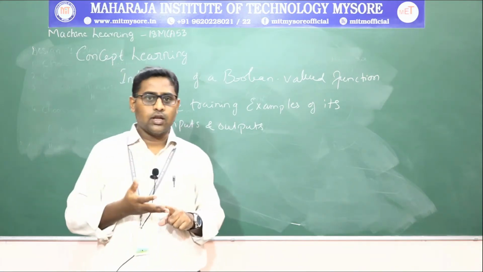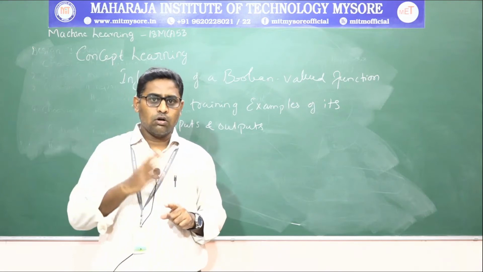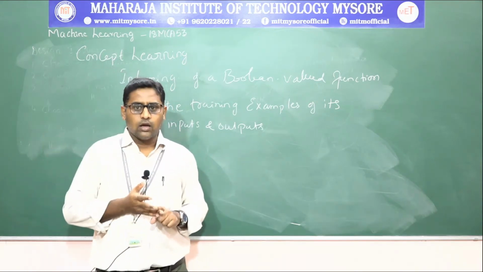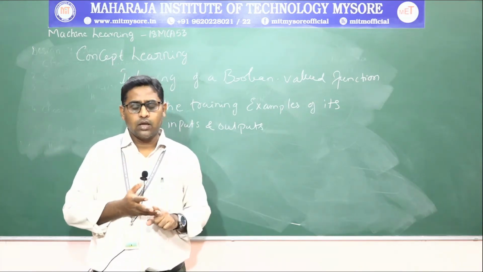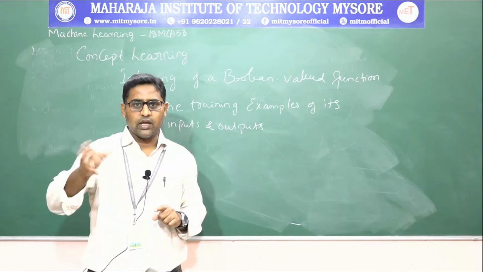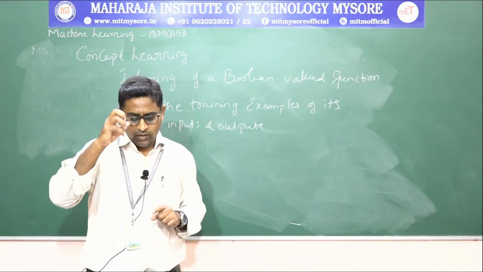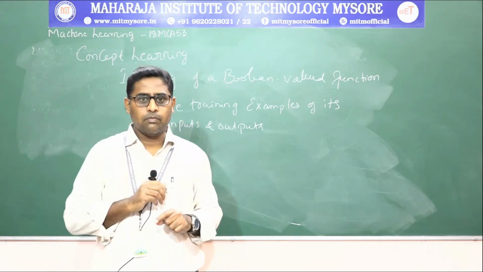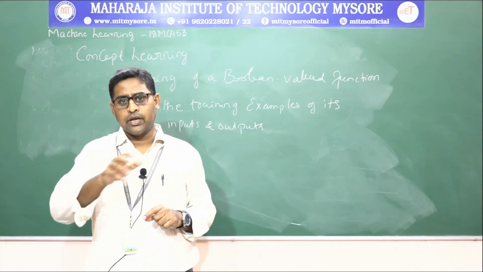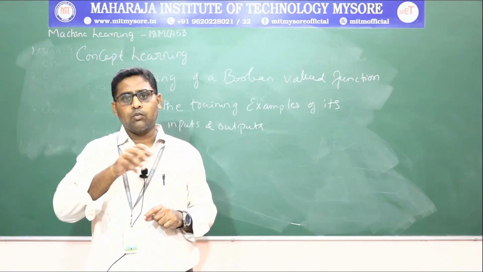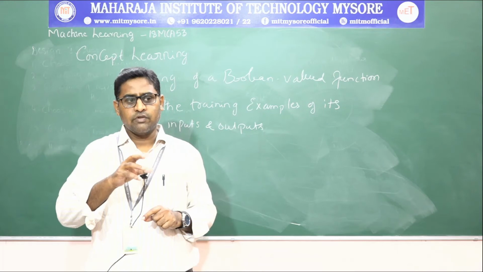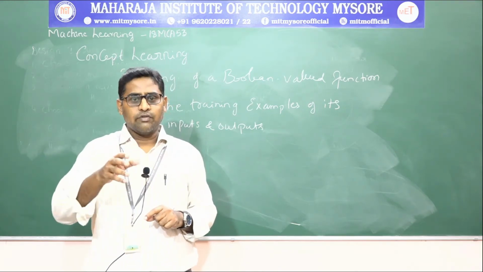Similarly, if the climate changes from warm to cold, cold to warm, or sunny to rainy, these are the different target functions, or the Boolean valued functions, which represent the weather conditions. Weather conditions change frequently. Early morning you will have cold weather, but after sunrise, as the sun comes up, it becomes warmer. By noon the condition changes from warm to hot, or more sunny.